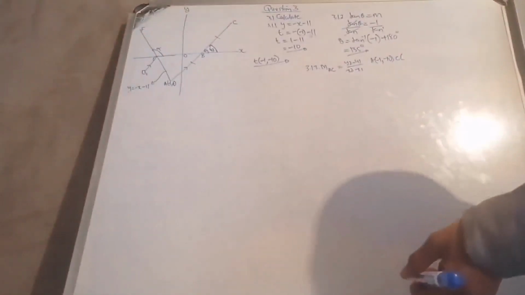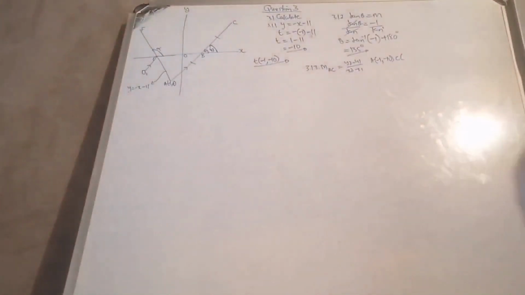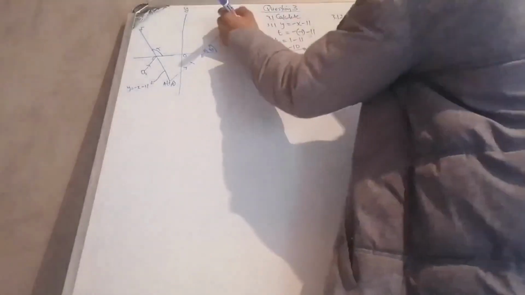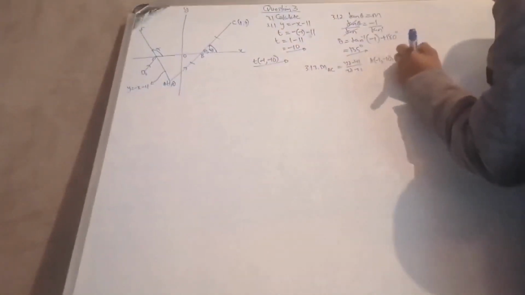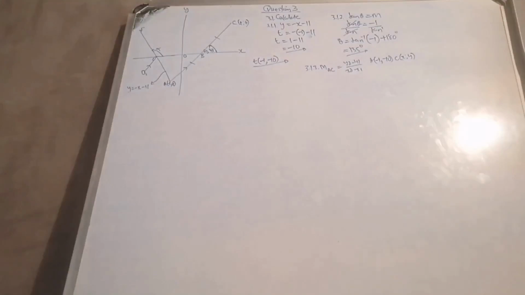And you will write down the coordinates of C. We have a problem here. I do not have the coordinate of C. So how will I do this? C there is just x and y, so I can't substitute into this. Now this method is going to fail.